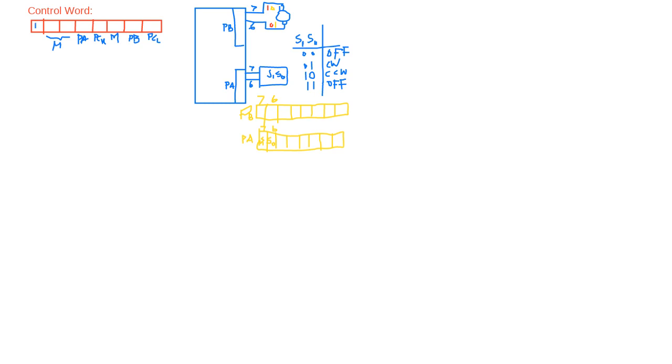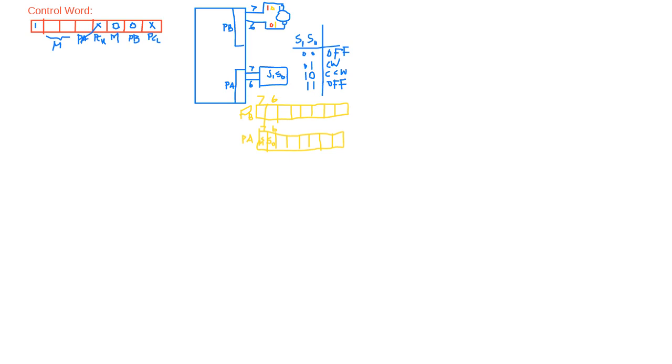Okay, now look here. Port C is unused here, so it is don't care. Port B is used here and it is an output port because the motor is connected here. The mode is simple input output mode, so mode is 0. Port C upper is unused.